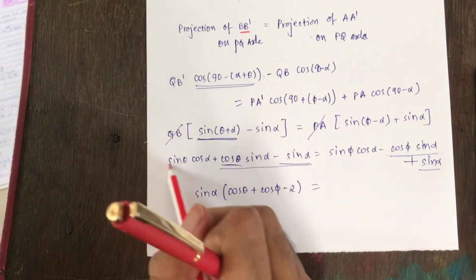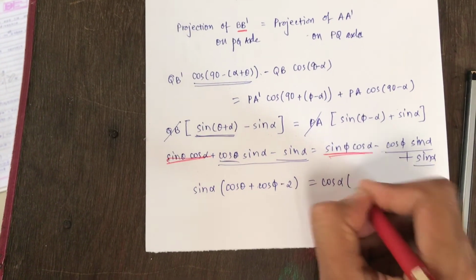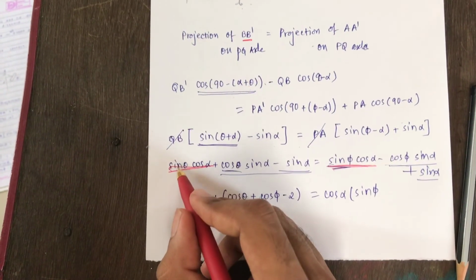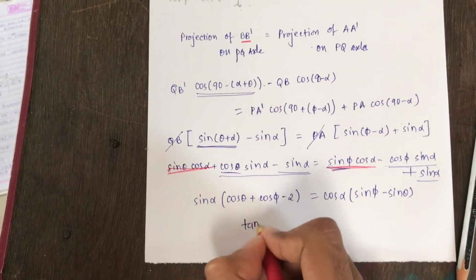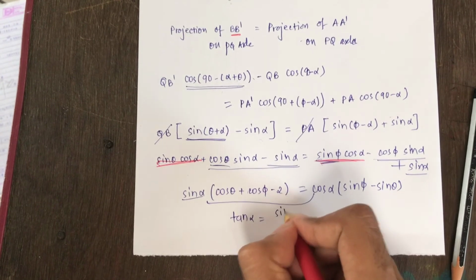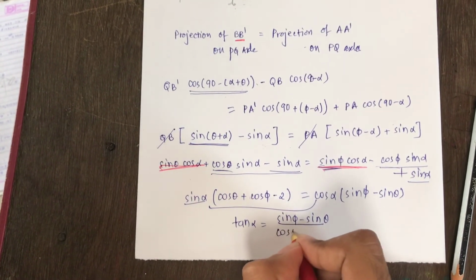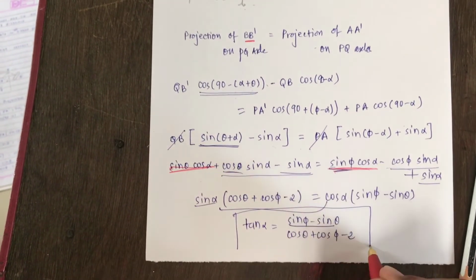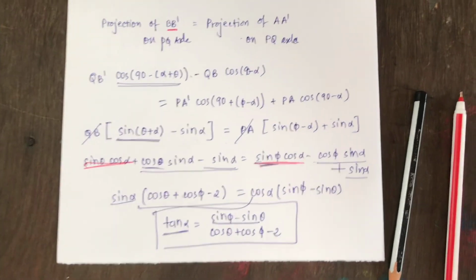The remaining terms on the right side, in that cos alpha is common, so remaining sine phi, which is already available here, and when sine theta comes over here, that is minus of sine theta. And finally we can consider tan alpha, sine upon cos, will be sine phi minus sine theta upon cos theta plus cos phi minus 2. So this one is the equation to choose the value of alpha in the Ackermann steering gear mechanism.